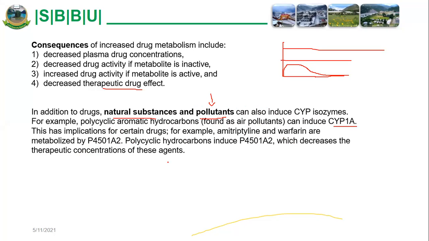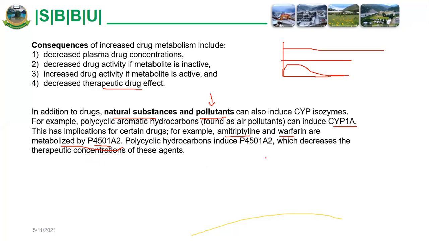Warfarin is an anticoagulant, and amitriptyline is an antidepressant, and both are metabolized by this P450 system. So these hydrocarbons can induce CYP1A, and decrease the therapeutic concentration of these agents.